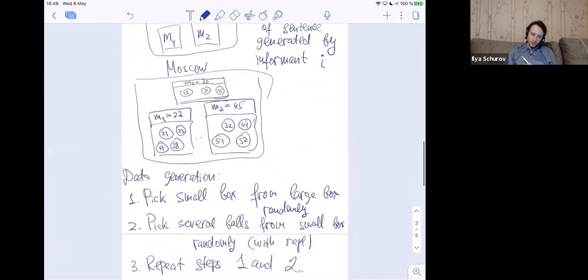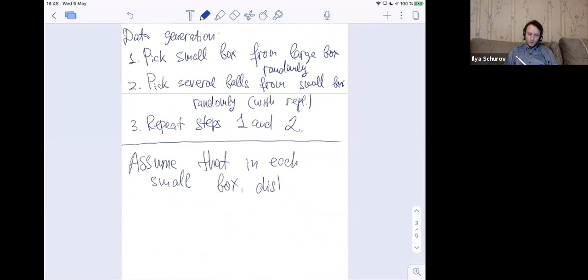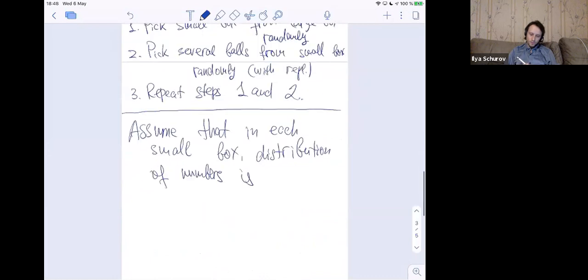Now, again for simplicity, let me assume that in each smaller box the distribution of numbers is the same up to change of average.